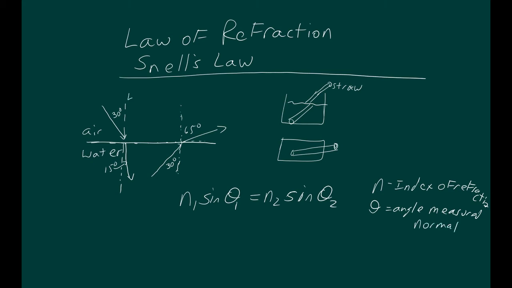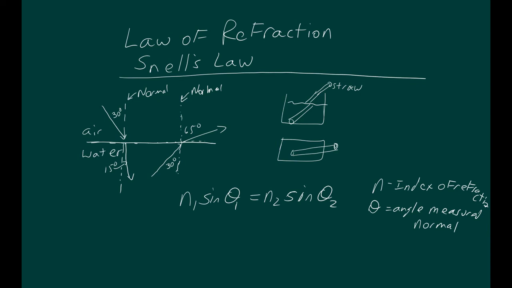Okay. So the normals, again, are those perpendicular lines that bisect, if you will, the light rays. Of course, bisect implies the angles are the same. It doesn't have to be symmetrical angles. Usually the index of refractions will be given in the problem, and then the angles is what you're solving for.